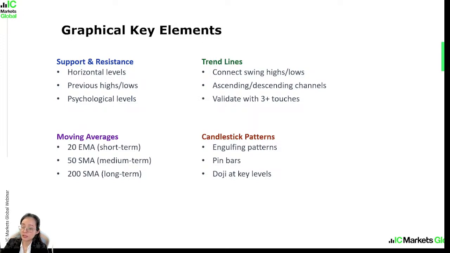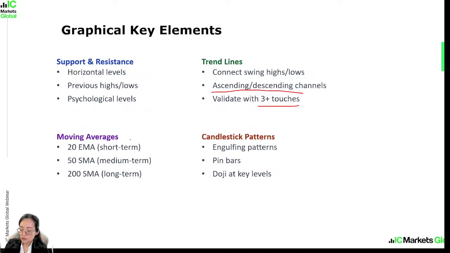Or you can also look for psychological numbers ending with 0 or 5. Then the trend line: basically connect the swing highs and swing lows, and for a valid trend line there have to be at least 3 touches. After that you might draw an ascending or descending channel.